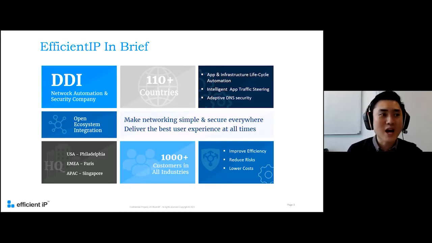Organizations use our technology to simplify and accelerate their strategic IT initiatives, such as cloud, workforce mobility, zero trust, SD-WAN, or digital transformation. More than 1,000 users trust EfficientIP solutions to improve operational efficiency and reduce risks while lowering the total cost of ownership.